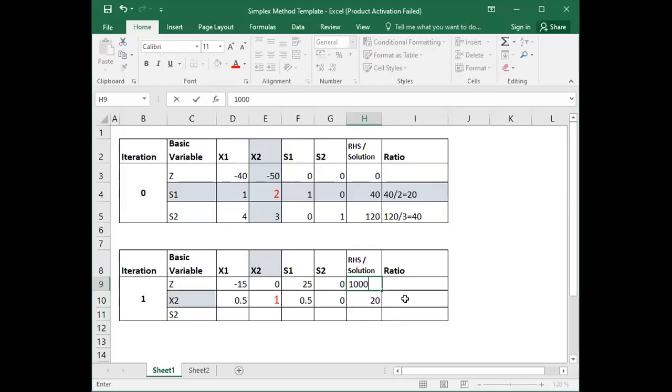So this is how our Excel will now look like. That one's computation has now given you the values for all the cells on that row.